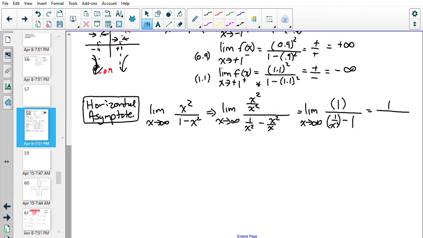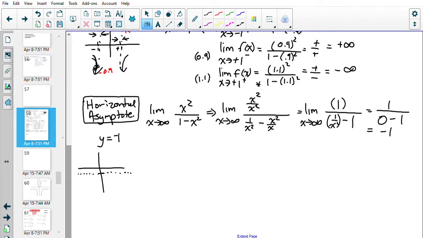The limit of the fraction is 0, and the limit of 1 is 1. So here you get an answer of negative 1 for the limit. So that means the horizontal asymptote is at y equals negative 1. So again, if you were thinking of your graph at negative 1, you would have a horizontal asymptote.